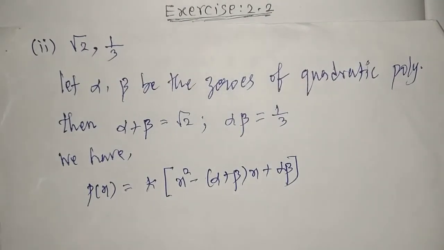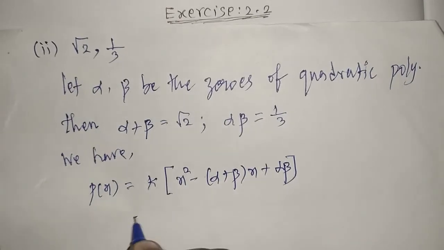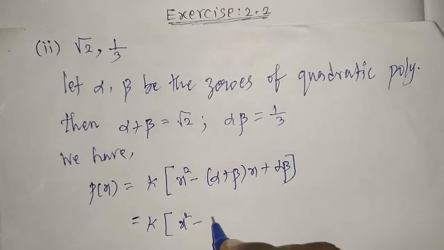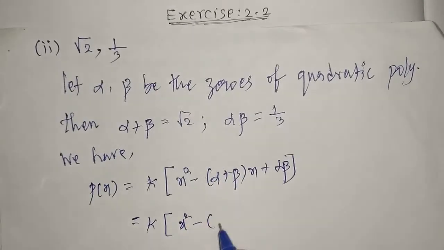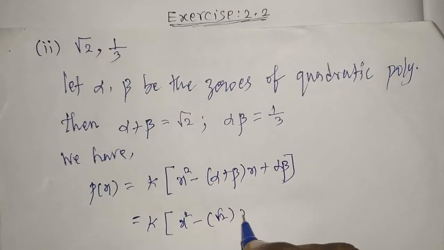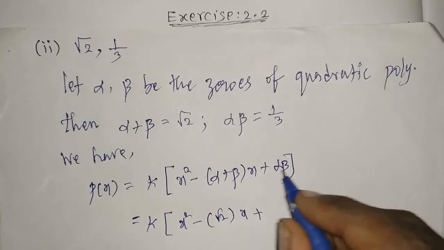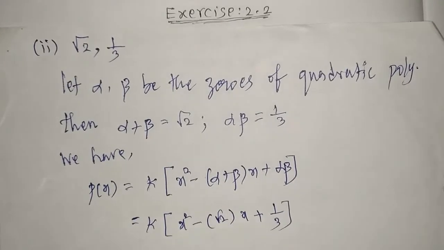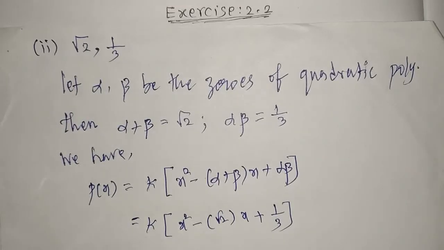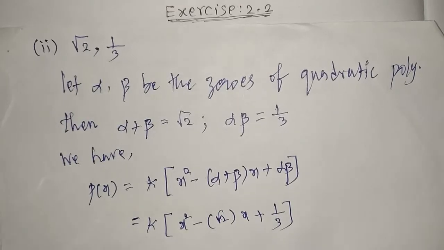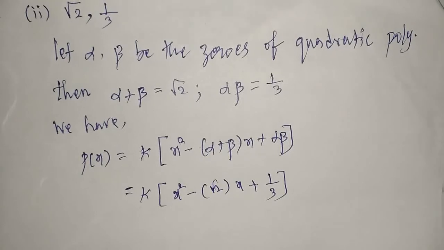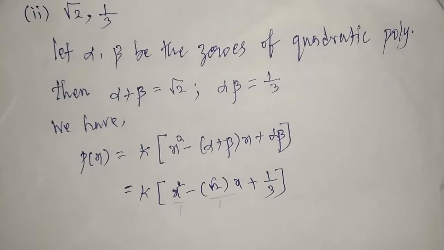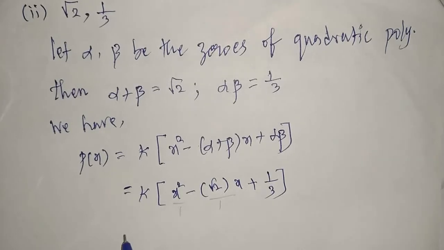Now here we need to substitute the values. k of x square minus of alpha plus beta value, we have root 2 into x plus alpha into beta value 1 by 3. Now we have to take an LCM, because here the last constant we have is by 3, but here we don't have anything, so this is 1.